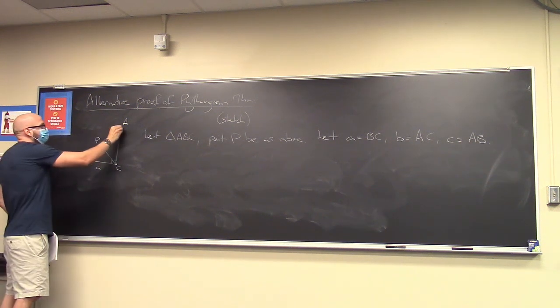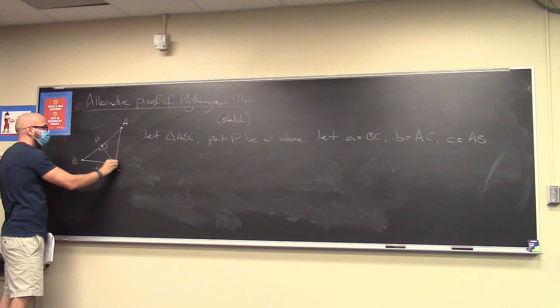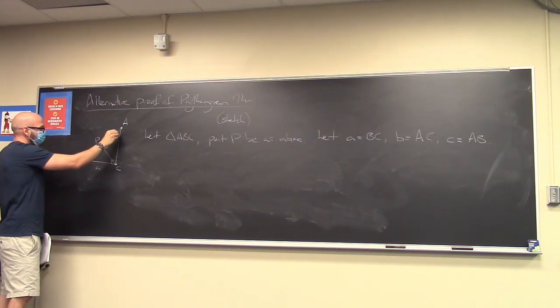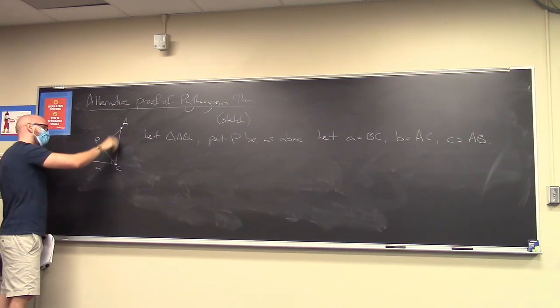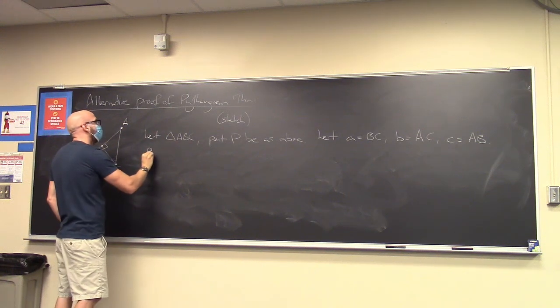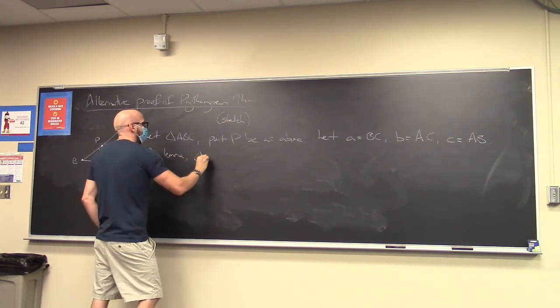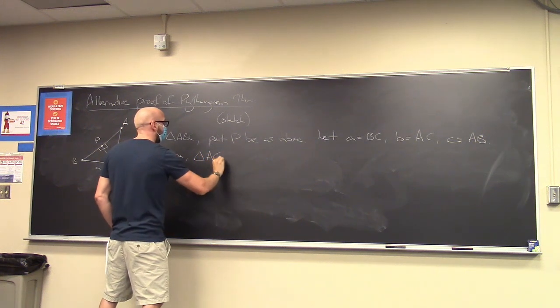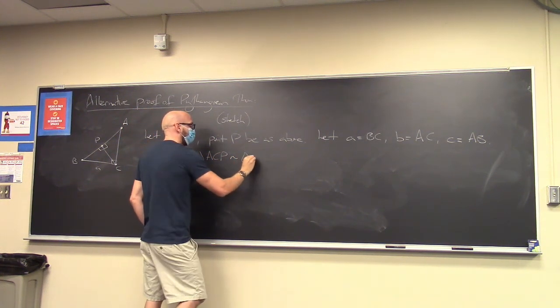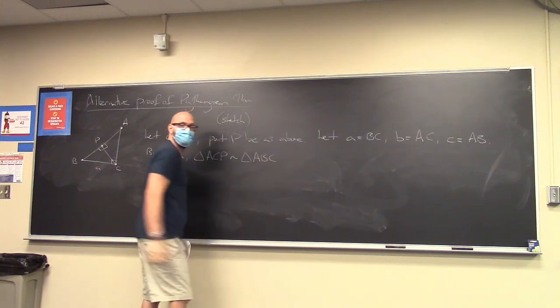By our lemma, ACP is congruent to ABC, or not congruent, similar, right? So by the lemma, triangle ACP is similar to triangle ABC.